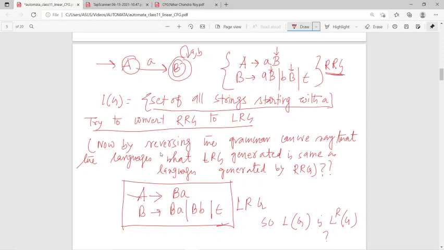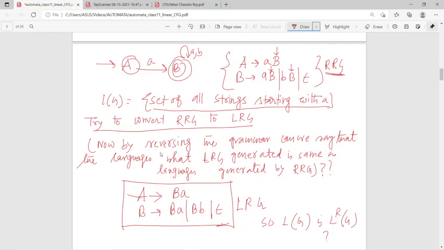So if the right linear grammar is changed to left linear grammar, and by this grammar we produce the language, that will give you the language of all strings that end with a. Is it correct? That I am asking.